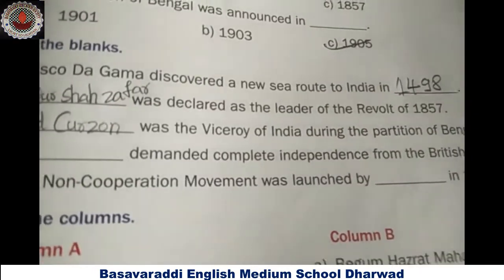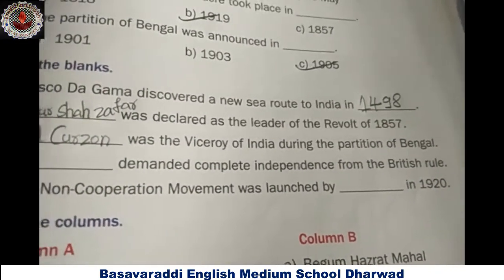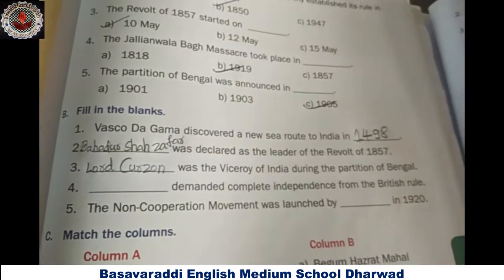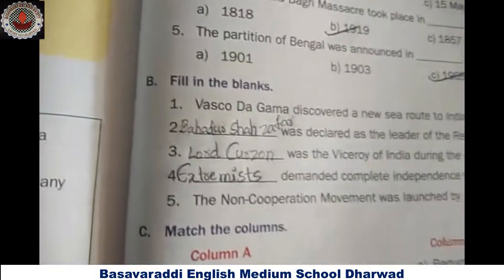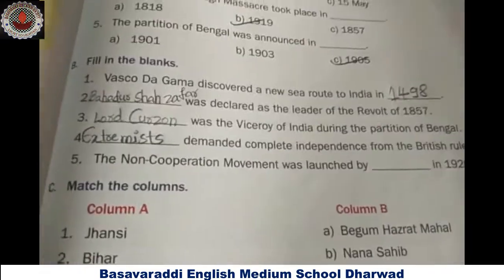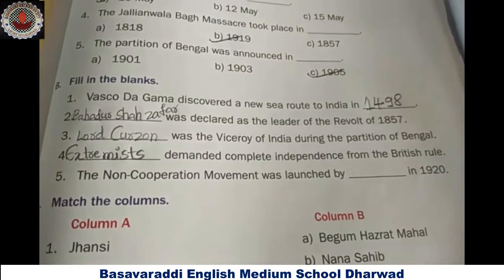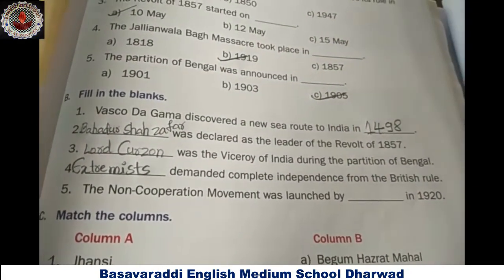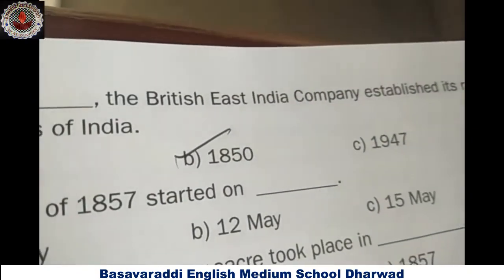Extremists demanded complete independence from the British rule. Next, fifth question. The non-cooperation movement was launched by Mahatma Gandhi ji in 1920.